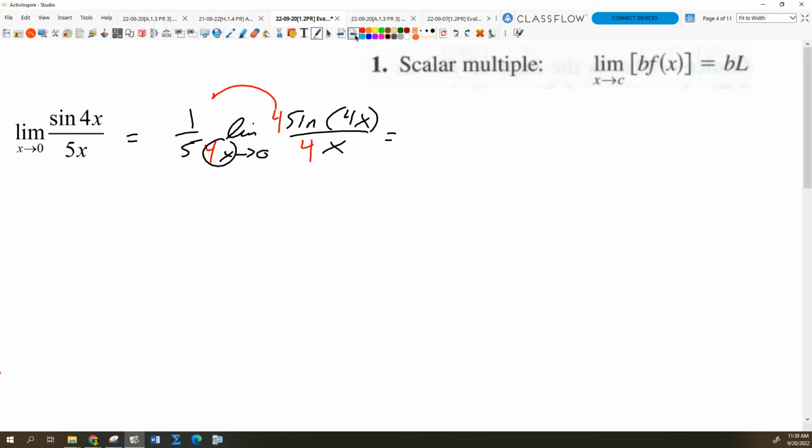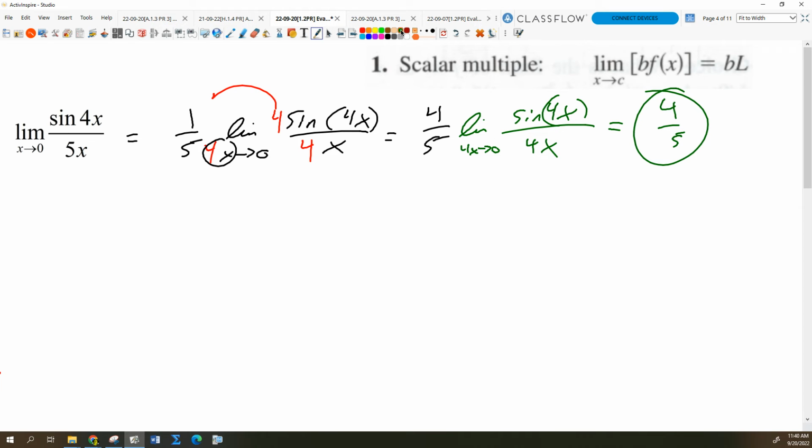But they're interchangeable. So then I end up with 4/5 times the limit of sine 4x over 4x as 4x approaches 0, which is just 4/5 times 1, right? Which is 4/5. Okay? Make sense?